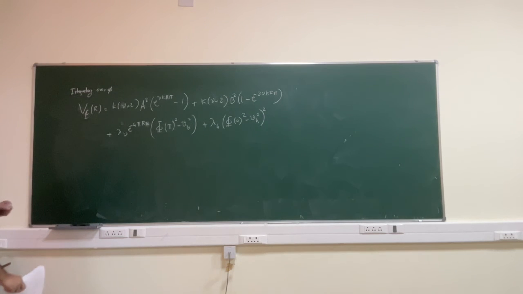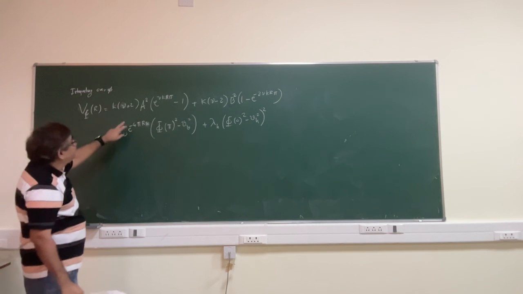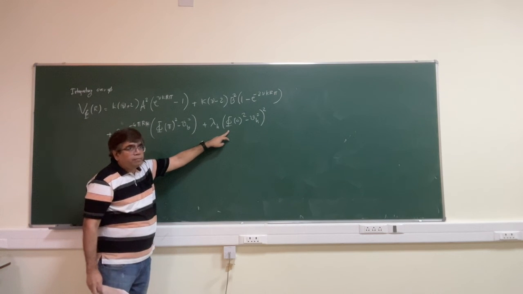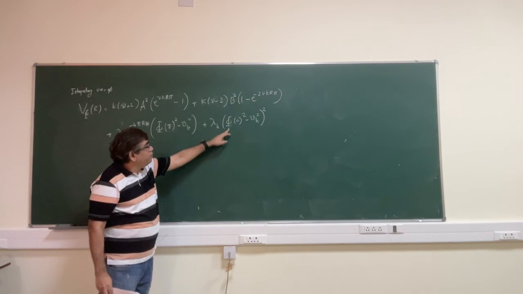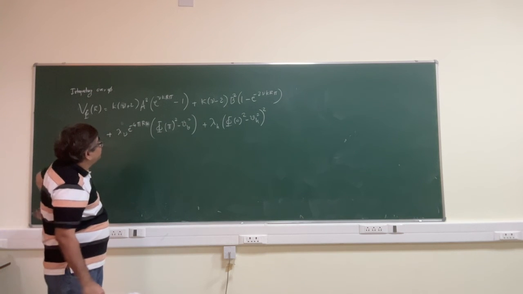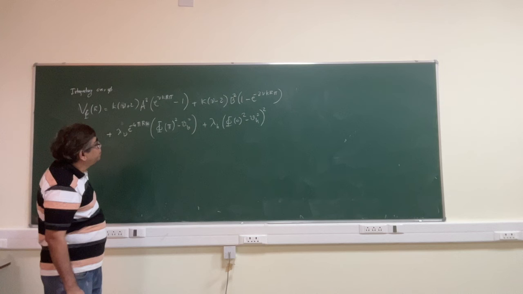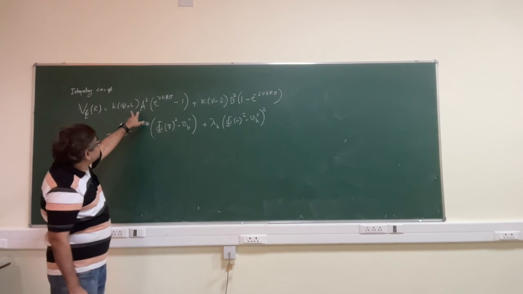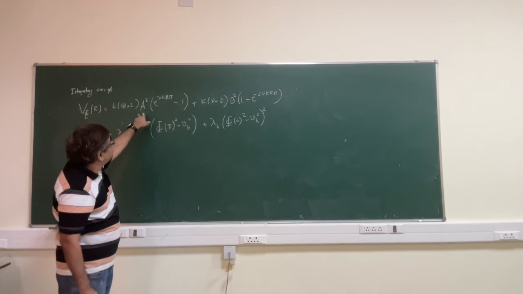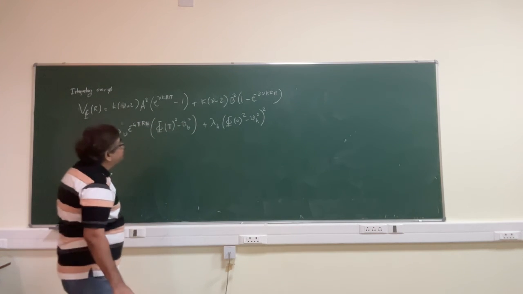Now I put back the solution for phi in it and then integrate over phi. I get phi of 0, the value of the field at 0 and the value of the field at phi, because I have to choose my delta function, and this is just the solution. I put it back into the potential.